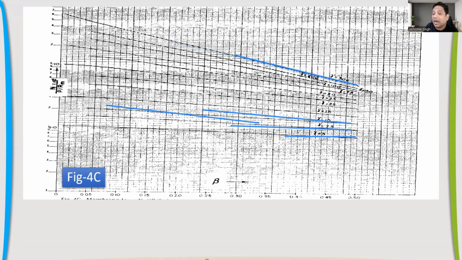Once I have gamma and beta, from beta we move upwards, see where we cross gamma, and there we move horizontally, and we have the value of this constant. We multiply this value with the other part of this equation, and we get the stress value. Getting it, guys? Is it making sense or becoming a little bit complicated?